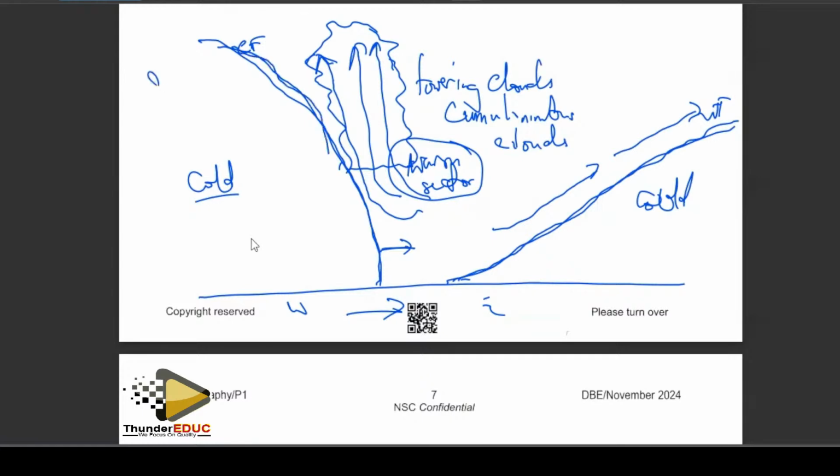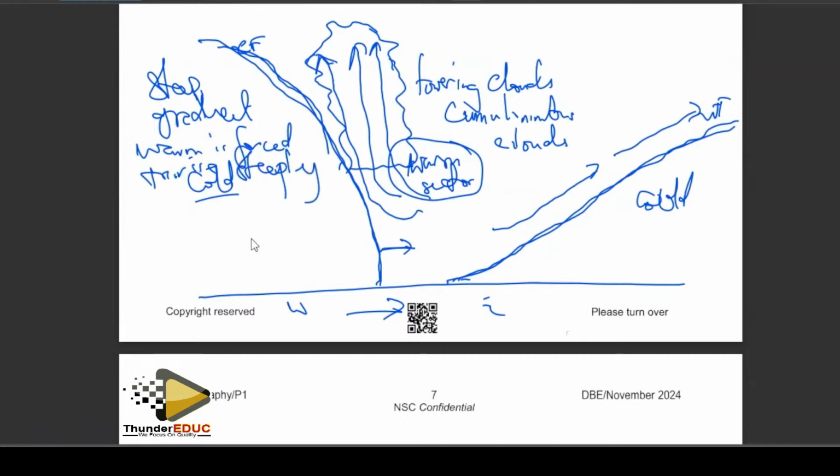The cold front has a steep gradient. And what is the implication of the steep gradient? Warm and moist air is forced to rise steeply. And what is going to happen with that steep rise of the warm air?